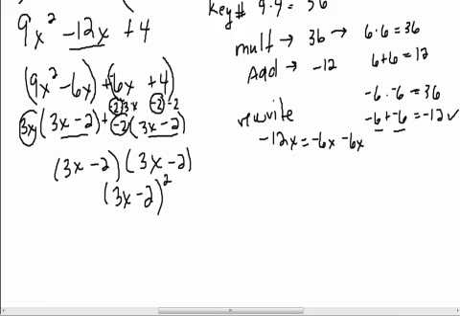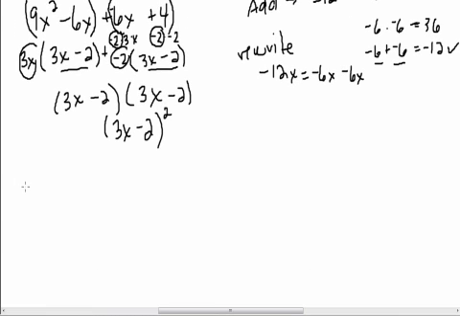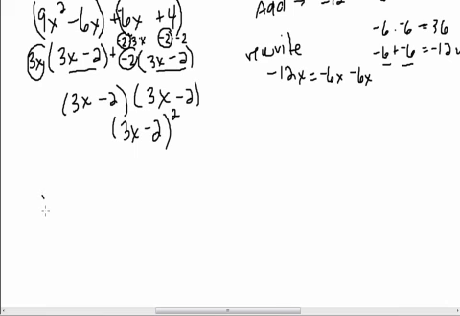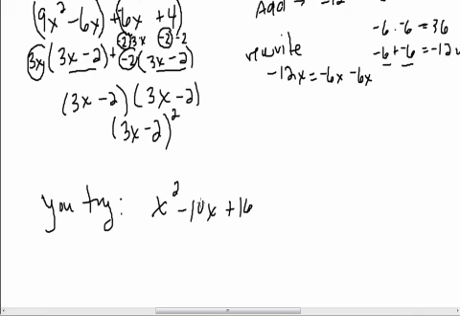Okay, let's finish with a U-try. So why don't you try x squared minus 10x plus 16. Let's put a little top on that.